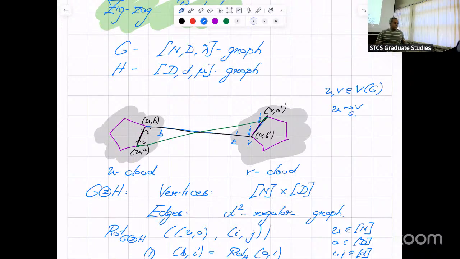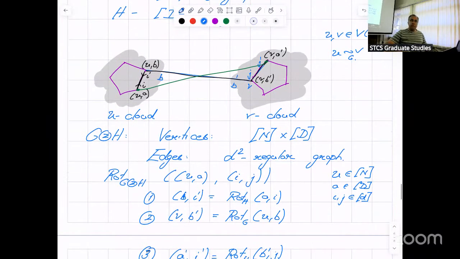The zigzag is a single step that has both a step in G and two steps in H. Ideally, it should have just one step in H, but you want the graph to be an undirected graph. So if you started off with an H step, you have to end with an H step also. The last one is in order to make the graph undirected. Only this green line remains.